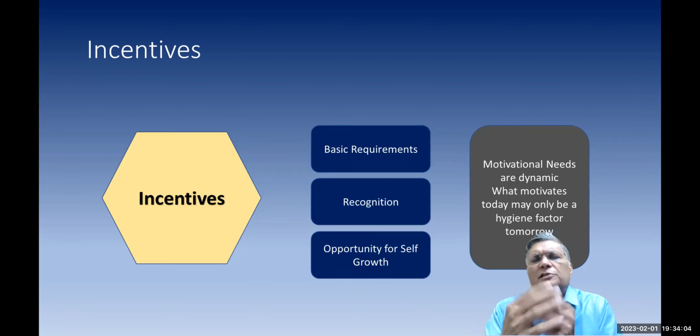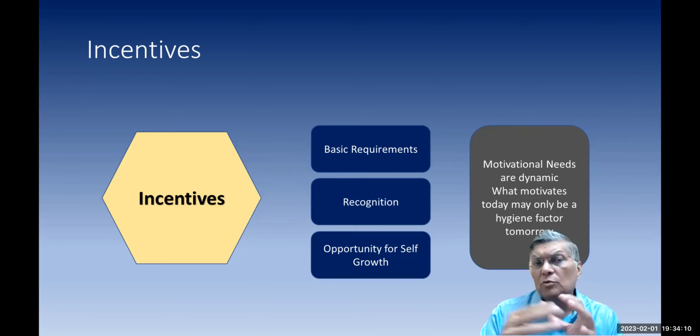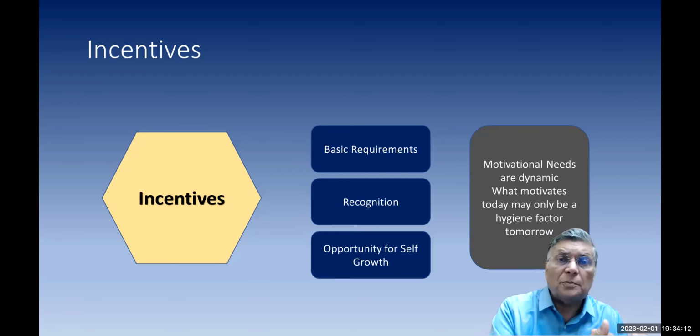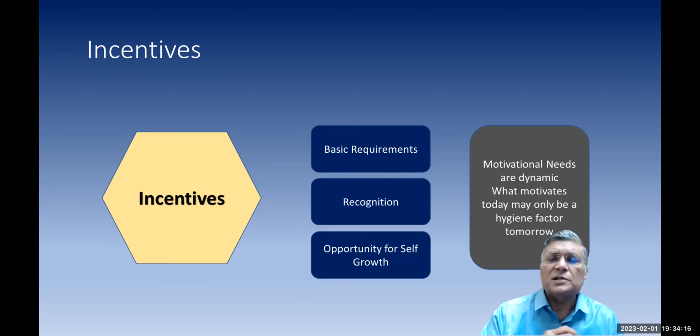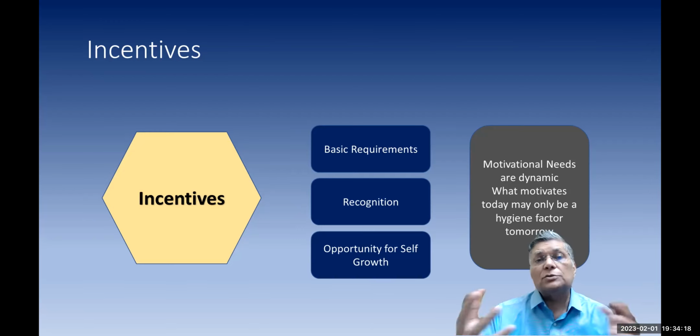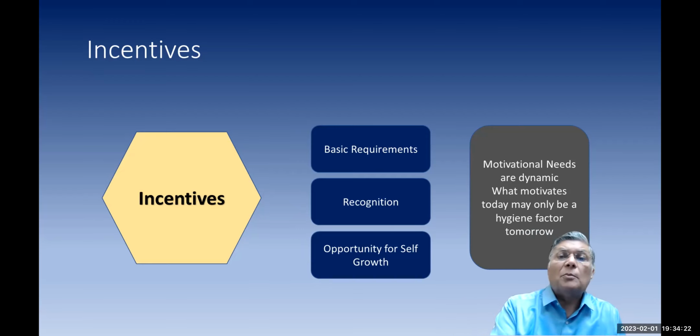This opportunity for self-growth is the self-actualization requirement. A person would feel happy that in a particular company he has got an opportunity to enhance his own skill and knowledge, and he may prefer that to another company where he may be asked to do some lower end work, but he is paid higher as a salary or something like that.